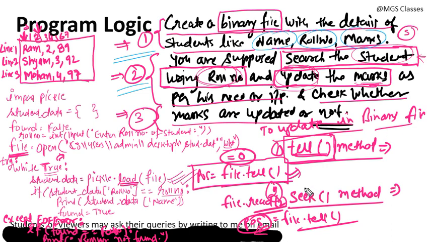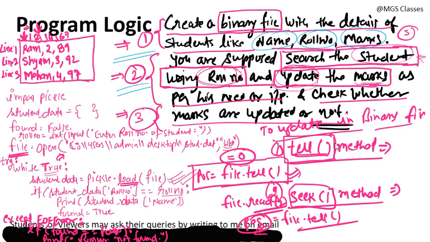Let's suppose you are on the 0th position and you want to directly go to the 6th position.